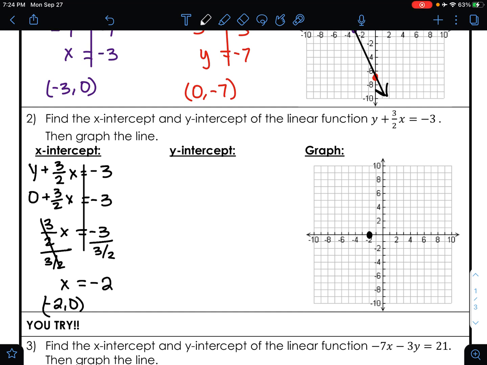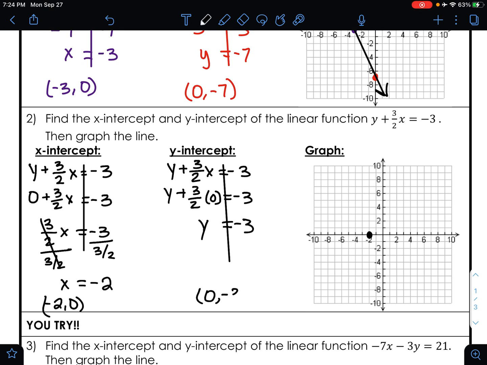I have y plus 3 halves x equals negative 3. I draw a line through my equal sign and plug in 0 for x. When I do that, I get y equals negative 3. So my y-intercept is 0, negative 3, which is this point down here. And then I connect the 2 dots to graph the linear function.